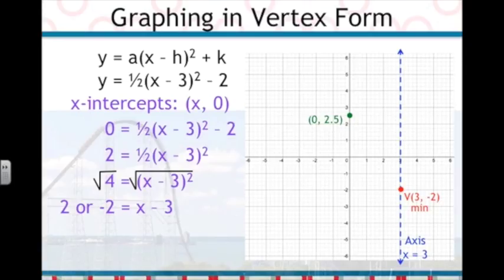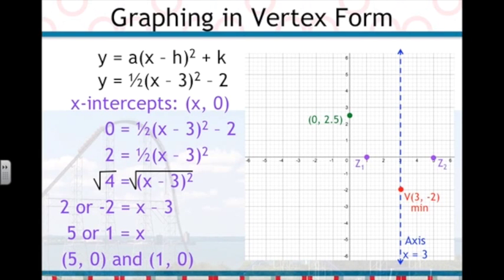Now that we know x minus 3 equals 2 or x minus 3 equals negative 2, we can add 3 to undo the minus 3. 2 plus 3 is 5, and negative 2 plus 3 is 1. So x equals 5 or 1. Now we know that the two x-intercepts are 5, 0 and 1, 0.